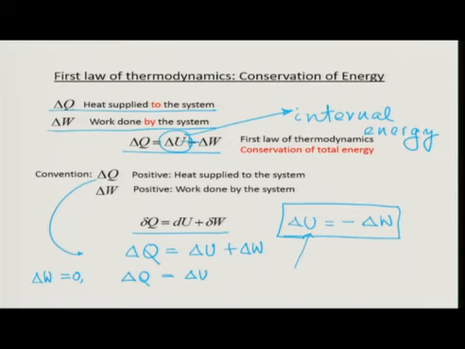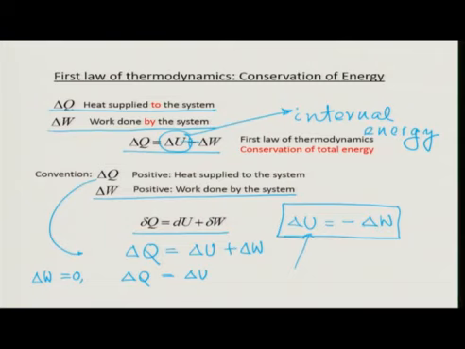If you extract heat from the system, then delta Q is negative and internal energy goes down. And now, the other way around, you can see from this expression that in one case internal energy will increase when I do work on the system.